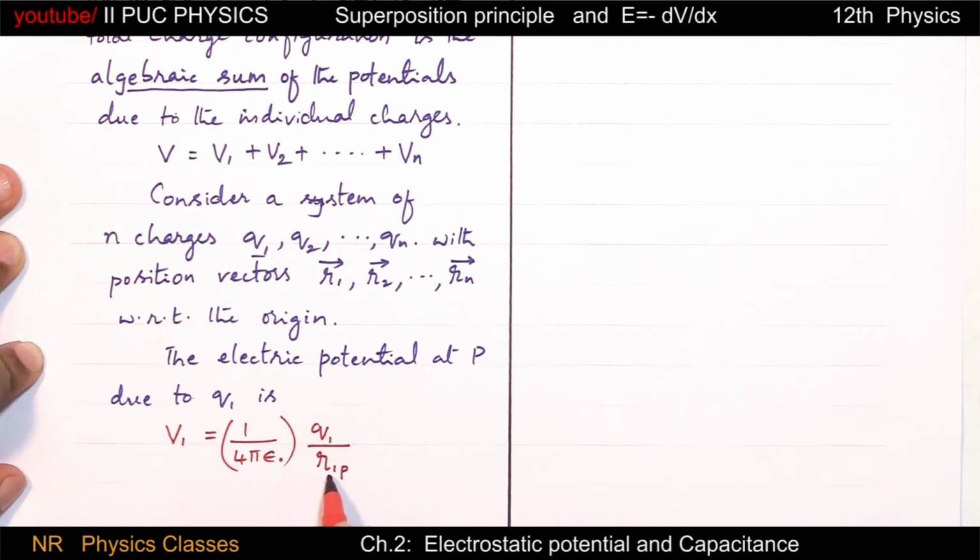Understand the notation: R1P is the distance of P from Q1.